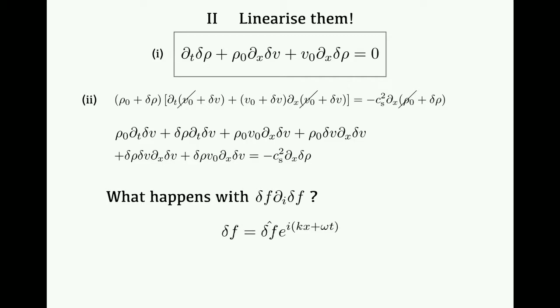However, if we take a look at the expression that we know we're going to insert afterwards, we see that if we take the derivative either in x or in t of this expression, it's going to be of the order of the amplitude of the perturbation squared. So this term is also of the order of the perturbation squared, and therefore we can neglect it.